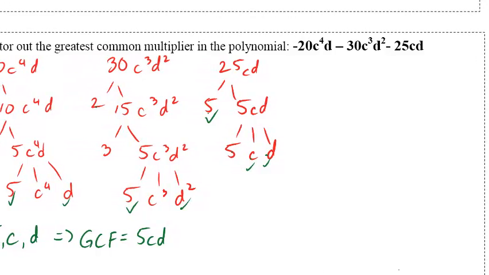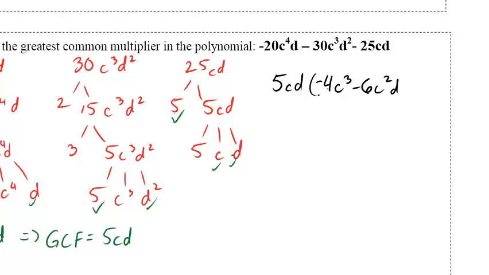Alright, now we'll factor that GCF out of the polynomial. So we have 5cd times something. So 5cd times something gives you negative 20c to the fourth. That'd be negative 4c cubed. 5cd times something gives you negative 30c cubed d squared. That would be negative 6c squared d.